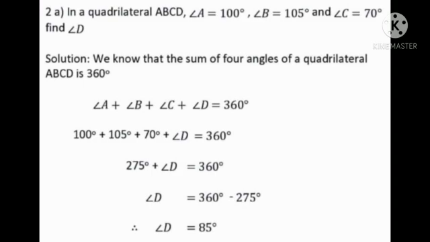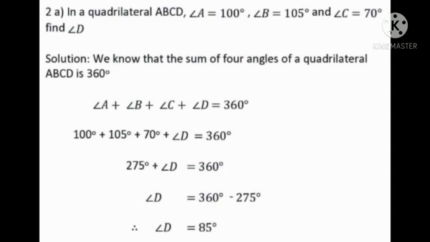Let us solve some examples. In a quadrilateral ABCD, angle A is equal to 100 degrees, angle B is equal to 105 degrees and angle C is equal to 70 degrees. Find angle D. Solution. We know that the sum of four angles of a quadrilateral ABCD is 360 degrees.